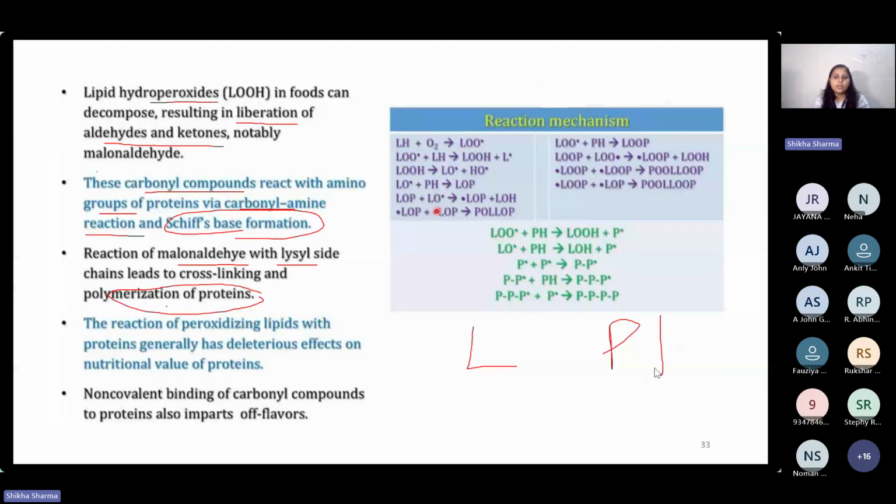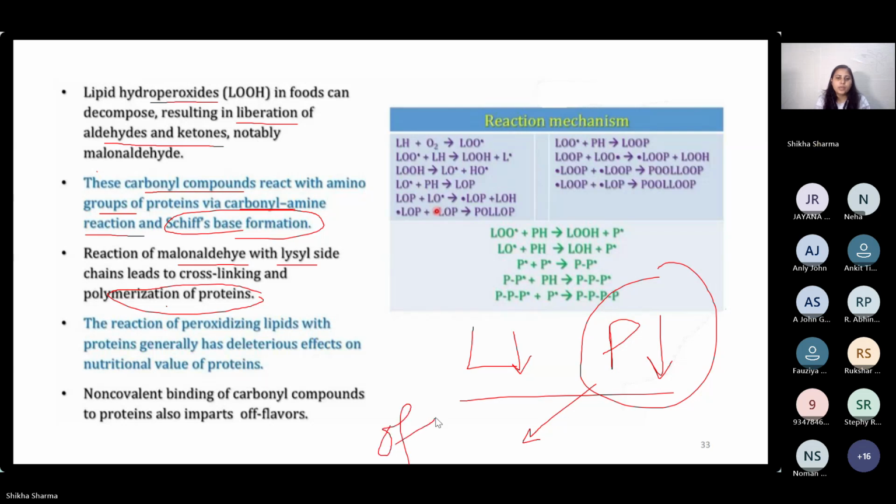If the protein content is low and the lipid is also oxidized, the food will not have much nutrition value. Also, protein can form some compounds which can produce off flavors.